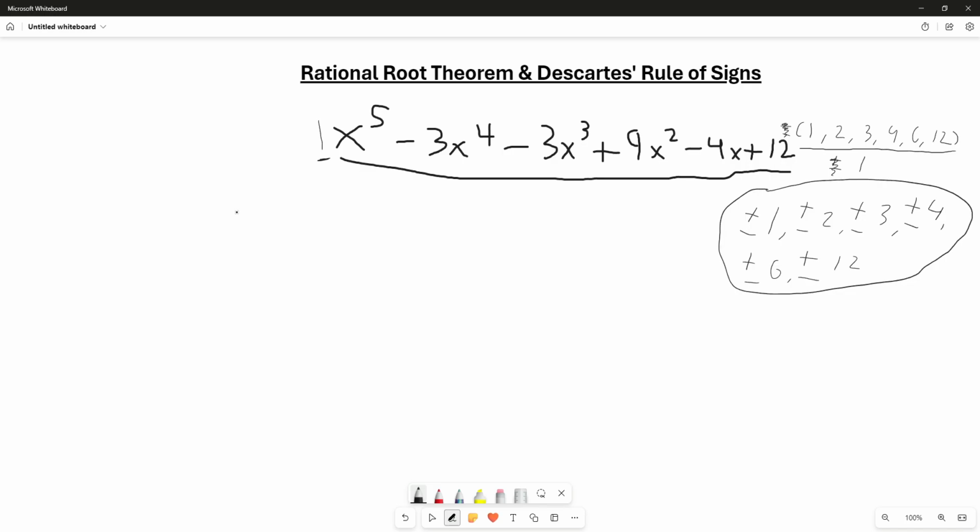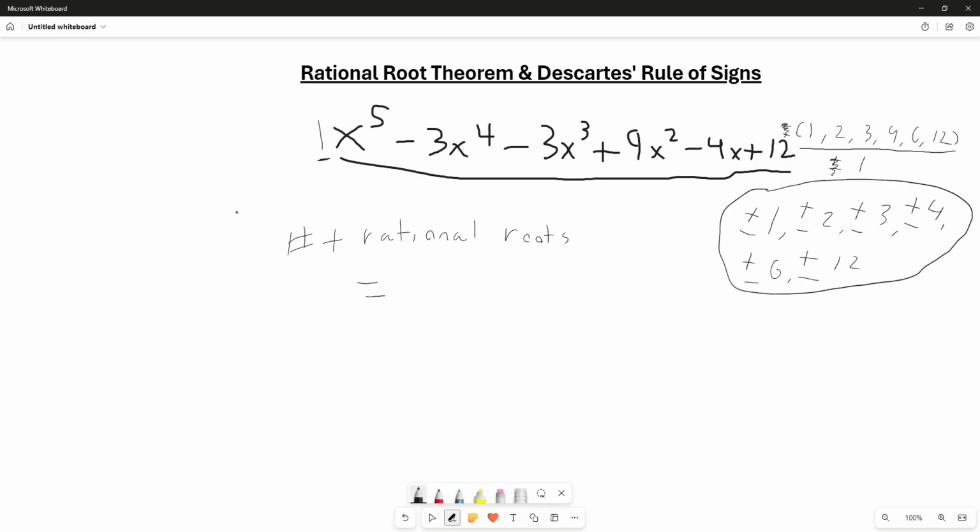Now the other thing is Descartes' rule of signs. So essentially what Descartes' rule of signs says is that the number of positive rational roots of any given function is equal to the number of sign changes in that function.